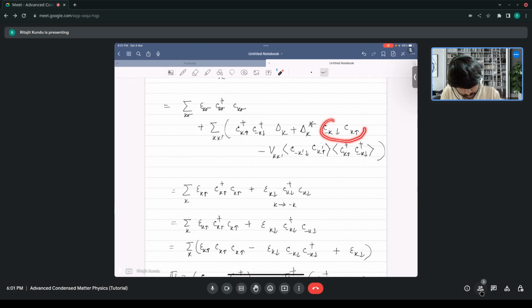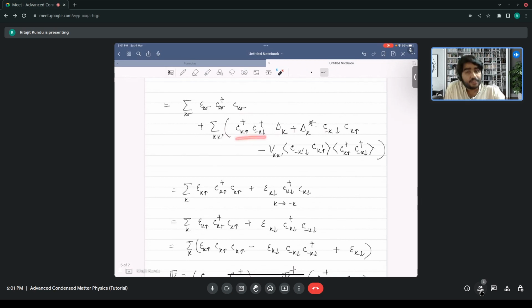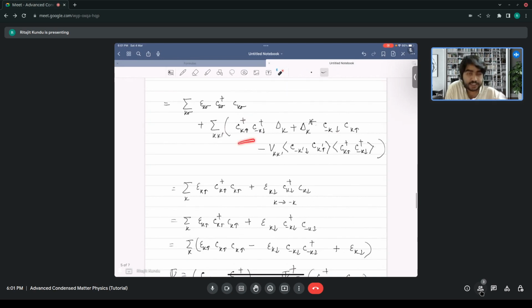This kind of operator doesn't conserve the number of particles in the system, because it either creates two particles or destroys two particles. So what we need to do is, until now, all of the expectation values and all of these things, we are assuming that we are working in a canonical ensemble.